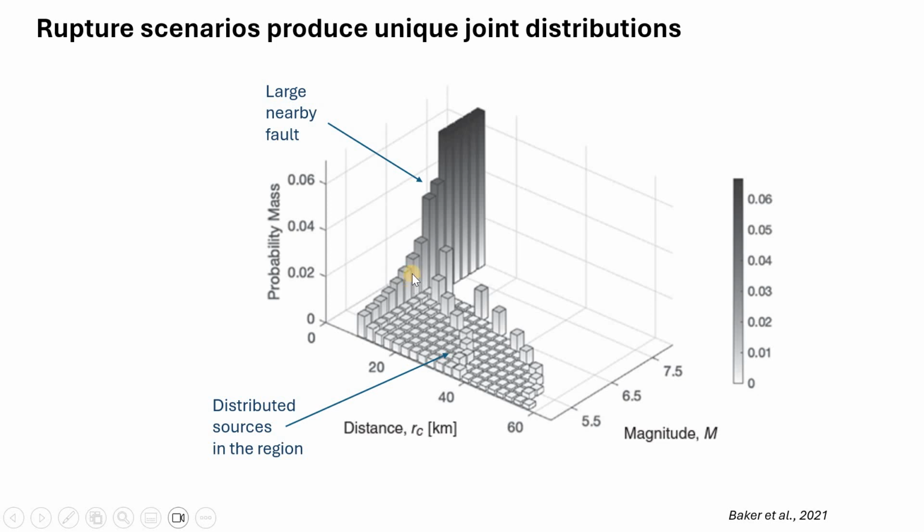So if you rupture part of it, maybe you're going to produce some of these lower magnitude events, but if you rupture the whole thing, you're going to produce these big high magnitude events. And so the rest of the joint distribution here looks like distributed sources throughout the region, whether they're other faults or whether it's the tail ends of the same fault.